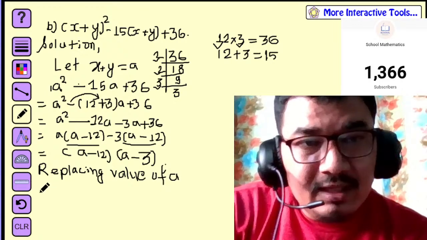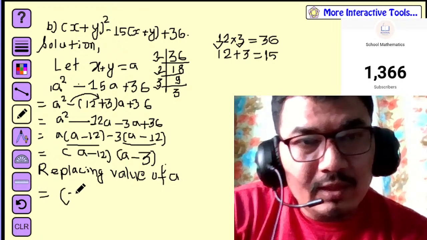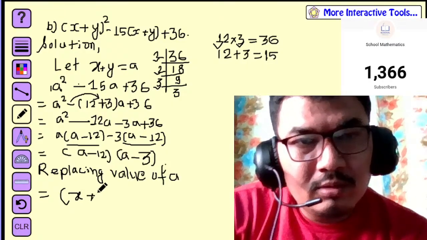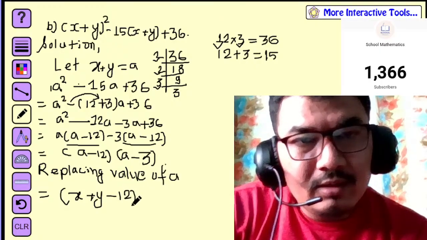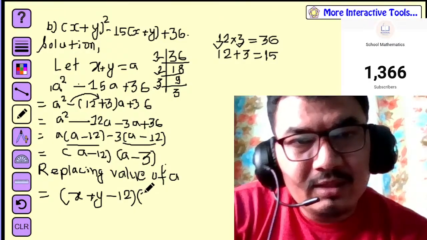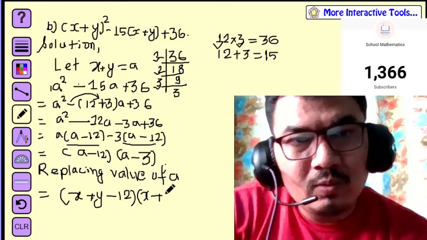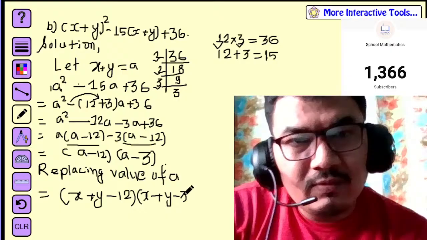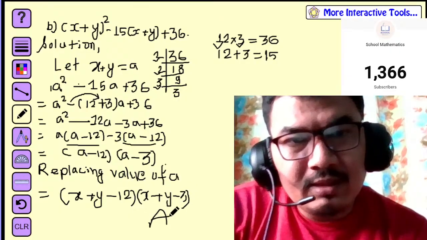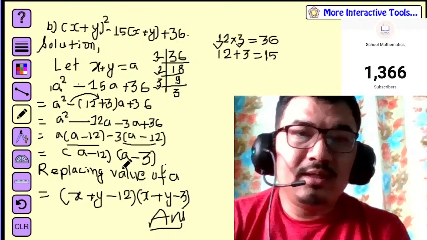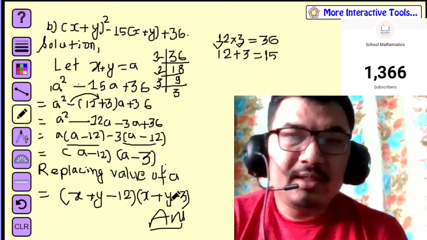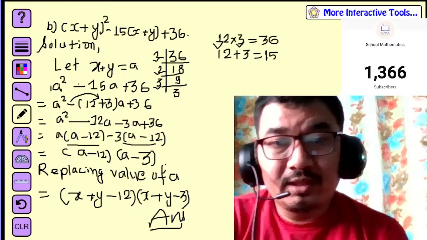That's why in this place of a we write x plus y minus 12. Then in the next bracket, a means x plus y, and minus 3. These two are the factors of this expression. Like this we factor this type of question. This is the answer for this factorization: x plus y minus 12 is one factor, x plus y minus 3 is another factor, okay children.